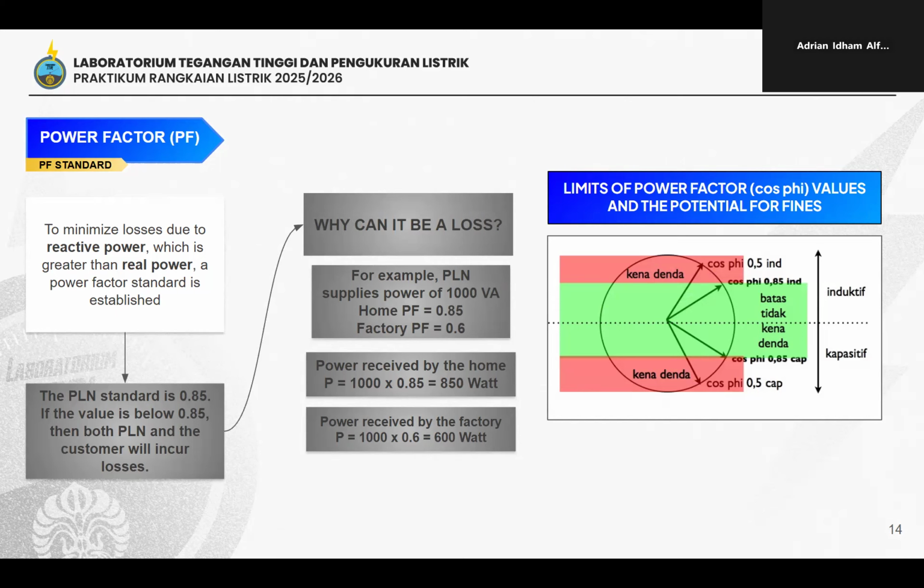If the value is below 0.85, then both PLN and the customer will incur losses. Why can it be a loss? For example, PLN supplies power of 1000 VA, and we can use the formula that I give you.